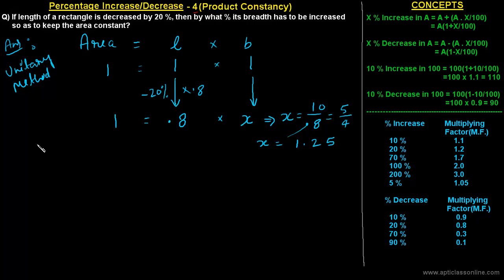So the percentage increase in b is 1.25 minus 1 divided by the initial value 1 multiplied by 100. That is 25 into 100 by 100, that is how much? 25%.